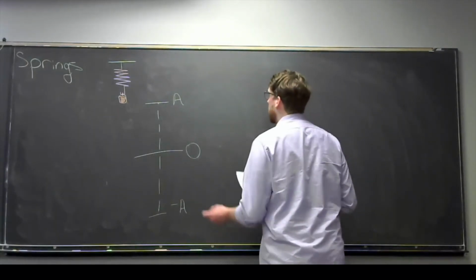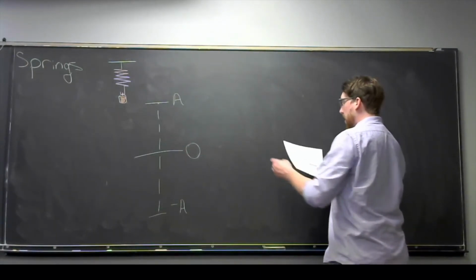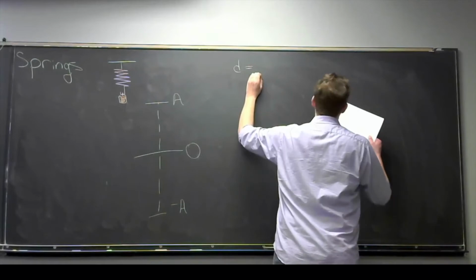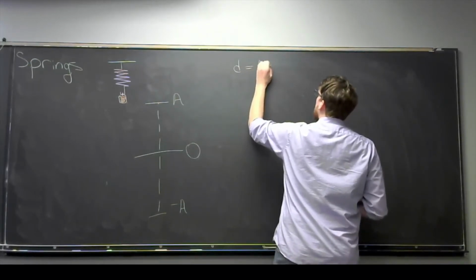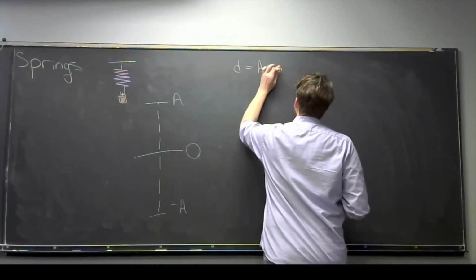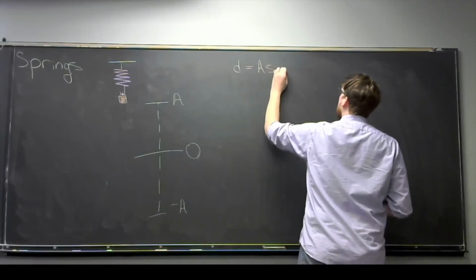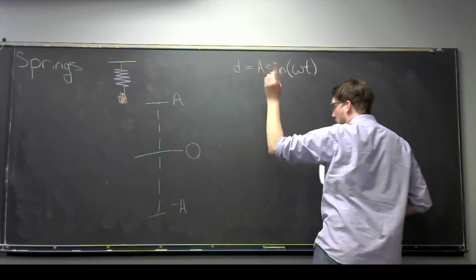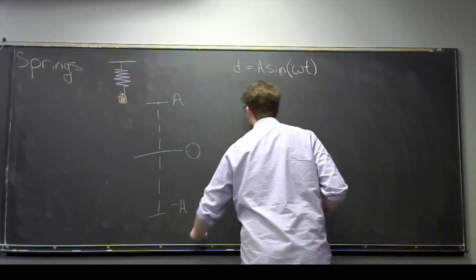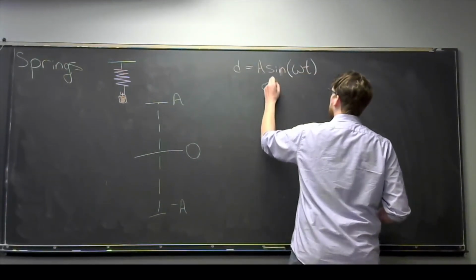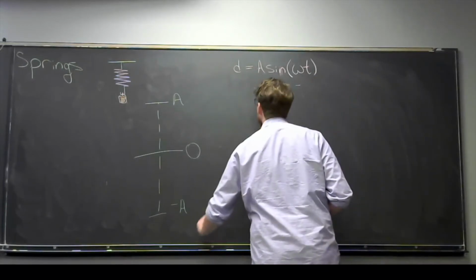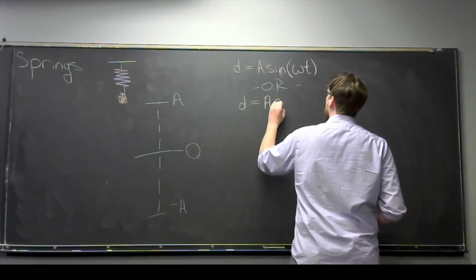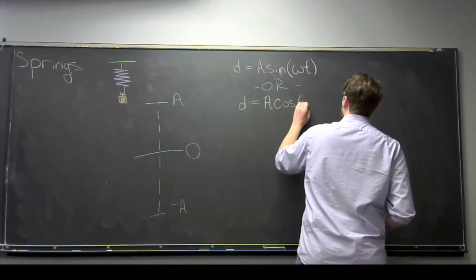Simple harmonic motion is motion that can be described in the following way: D is equal to A times sine of omega t, or D is equal to A times cosine of omega t.